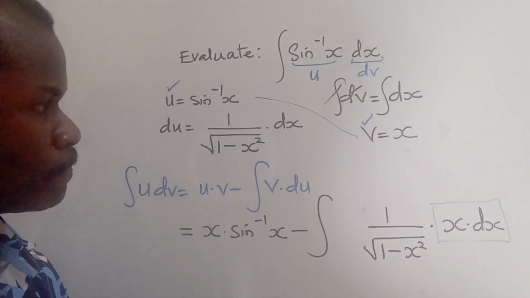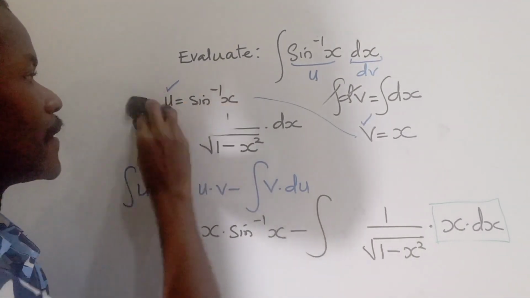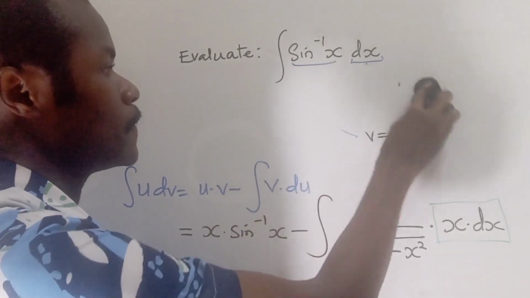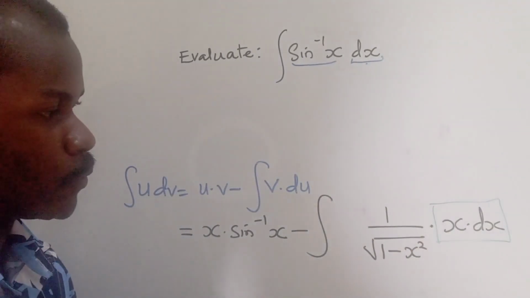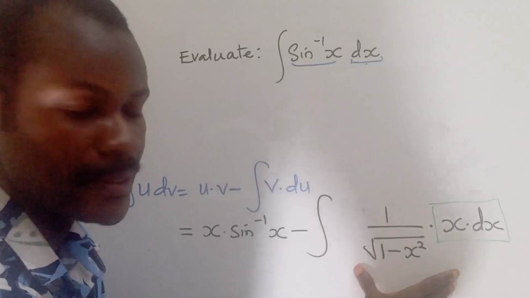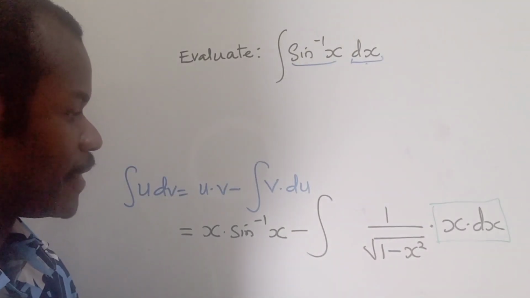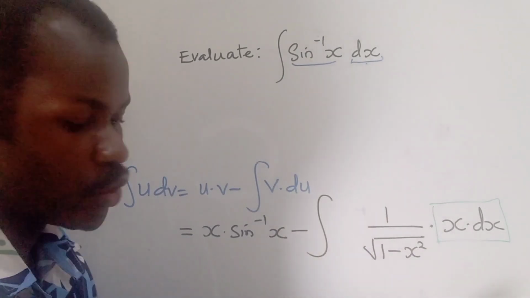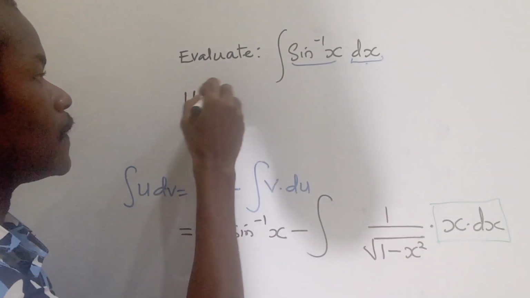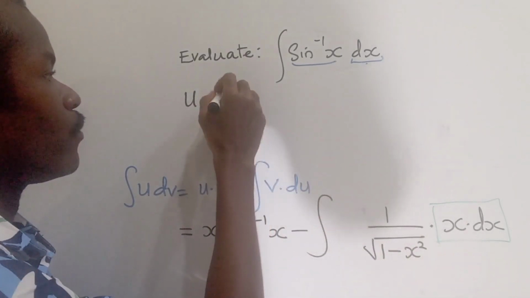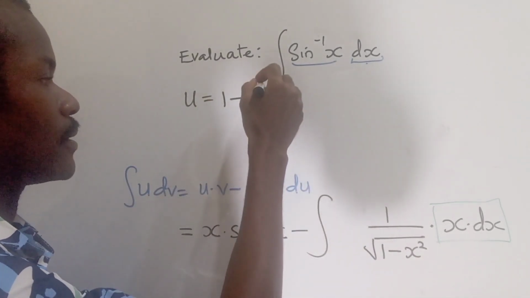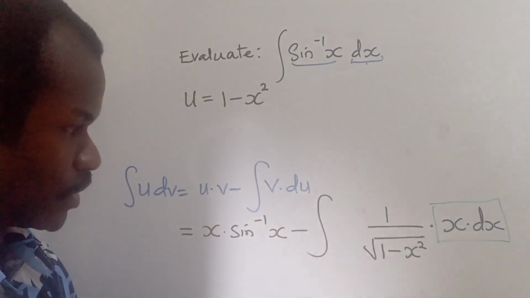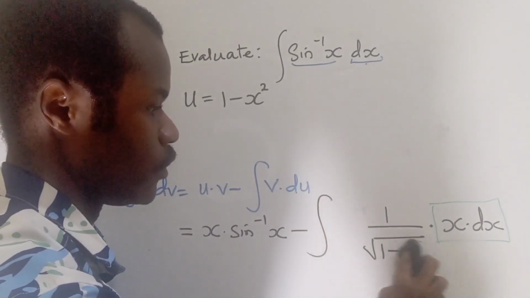So let's see what we have next. From this point, we are going to simplify this part. How do we simplify that? Now I want to introduce u here. So u is going to be 1 minus x squared. Since I've introduced u, let me quickly replace all this as our u.